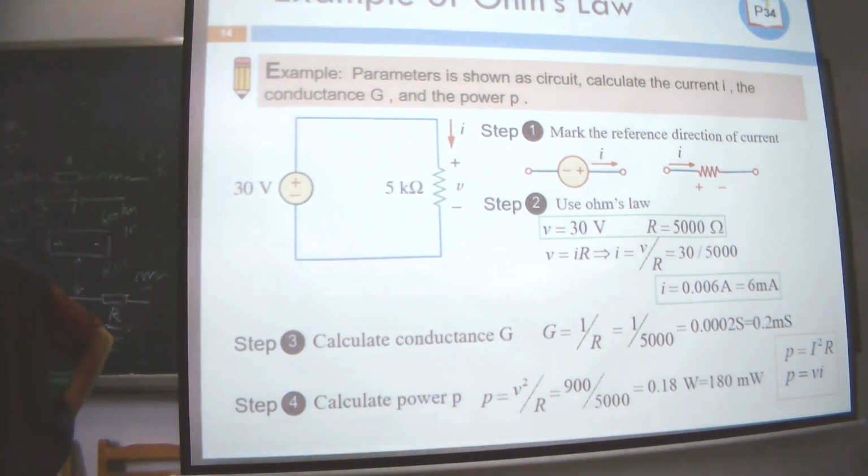In our course, for the active element, we choose the active sign convention, where the current goes inside from the negative sign. And here, for the resistance, we use the passive sign convention, where the current goes inside from the positive sign.